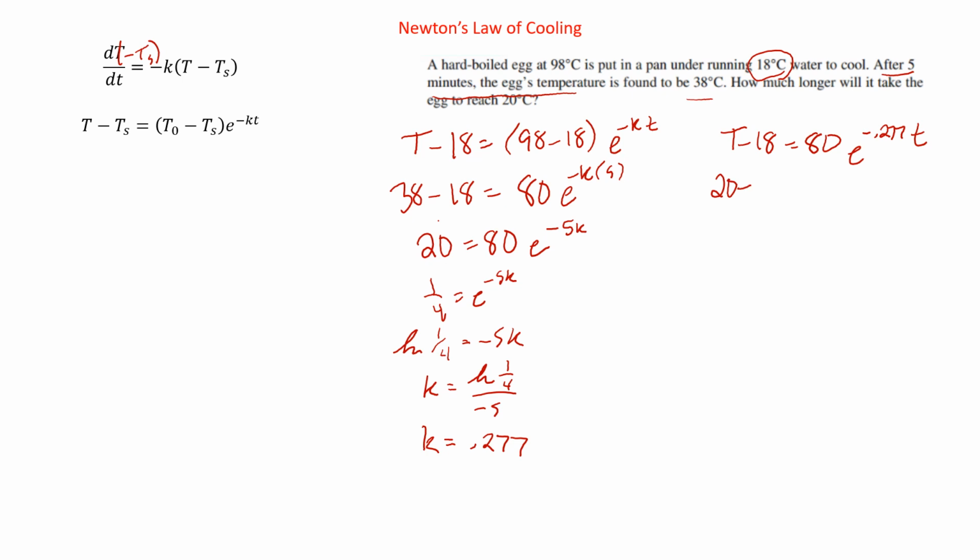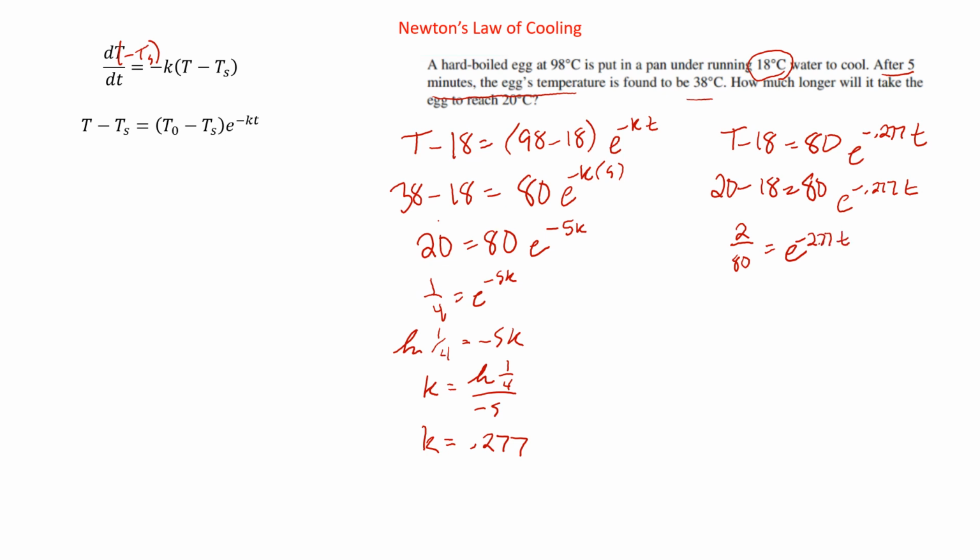So we plug that in for T. The other question it could have asked is what will the temperature be after a certain time? We'd plug in for t. So 20 minus 18 is 2. We can divide by 80. e to the negative 0.277 t.